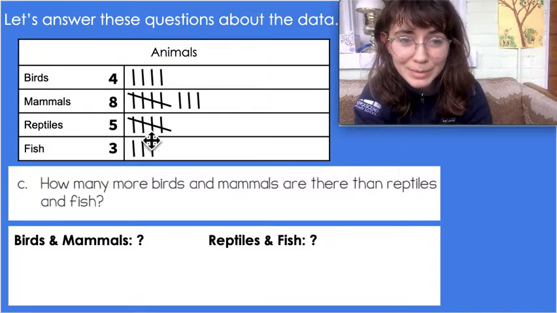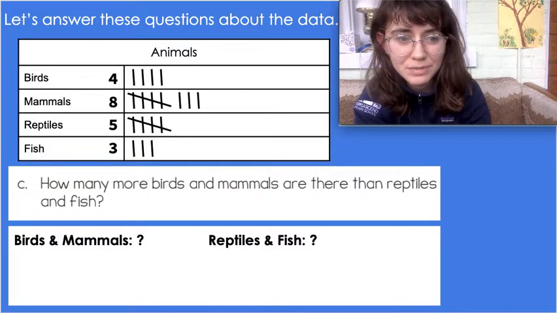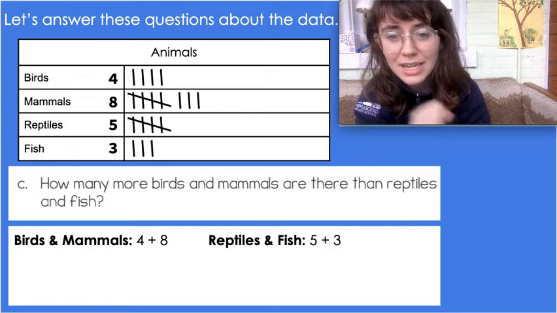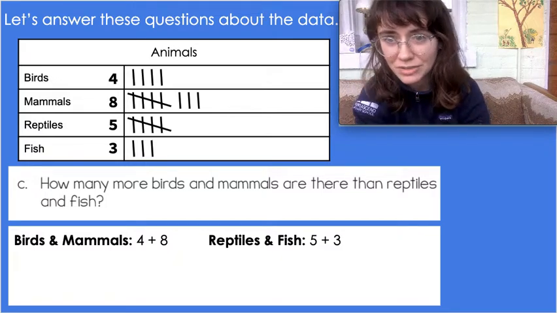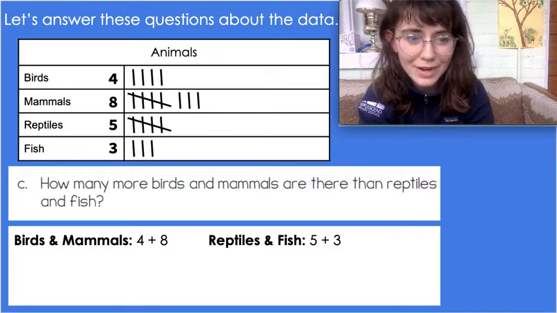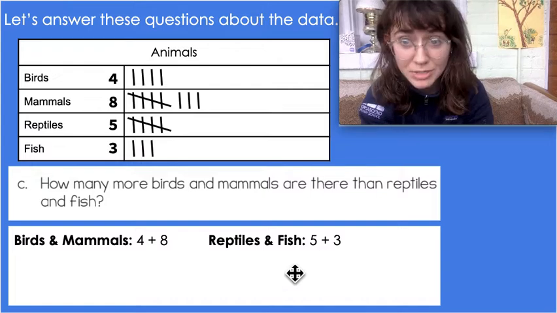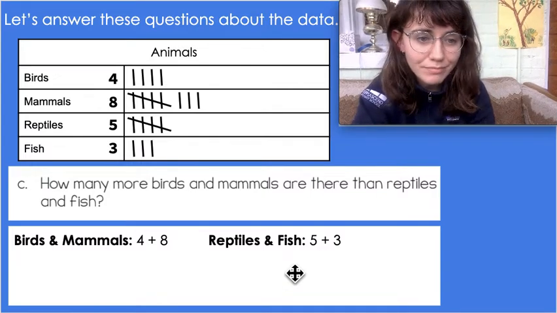Then I want you to write a number sentence for reptiles and fish, so putting the reptiles together with the fish. You should have written the number sentences 4 plus 8 and 5 plus 3. So go ahead and write those down if you haven't already, and then I want you to solve to find each subtotal, really.